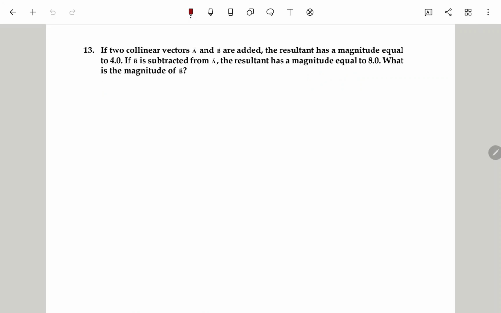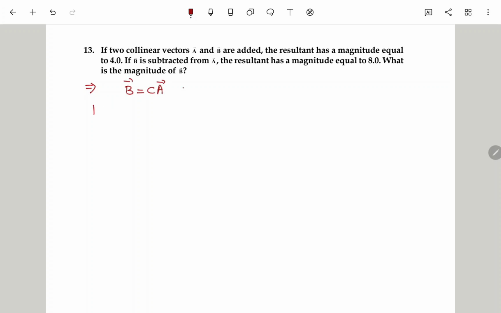If two collinear vectors A and B are added, the resultant has a magnitude equal to 4. If B is subtracted from A, the resultant has a magnitude equal to 8. What is the magnitude of vector B? Now, two vectors are collinear. It means that they are parallel to each other, and in this case B equals cA as a vector.